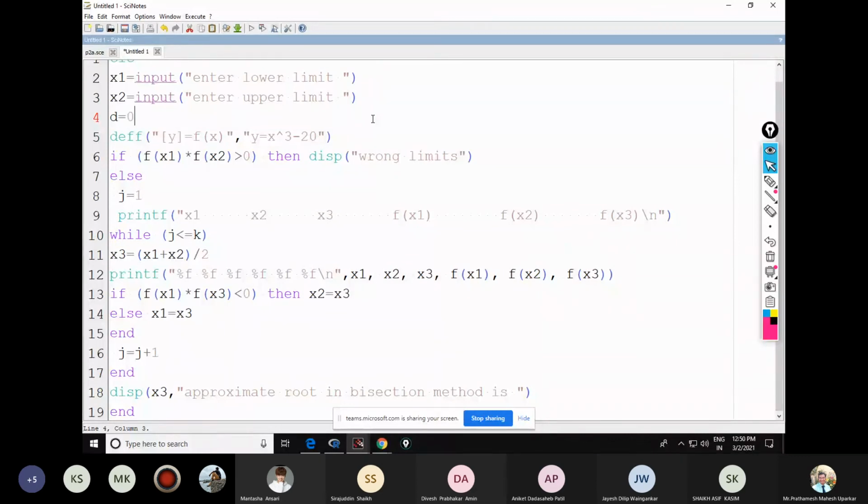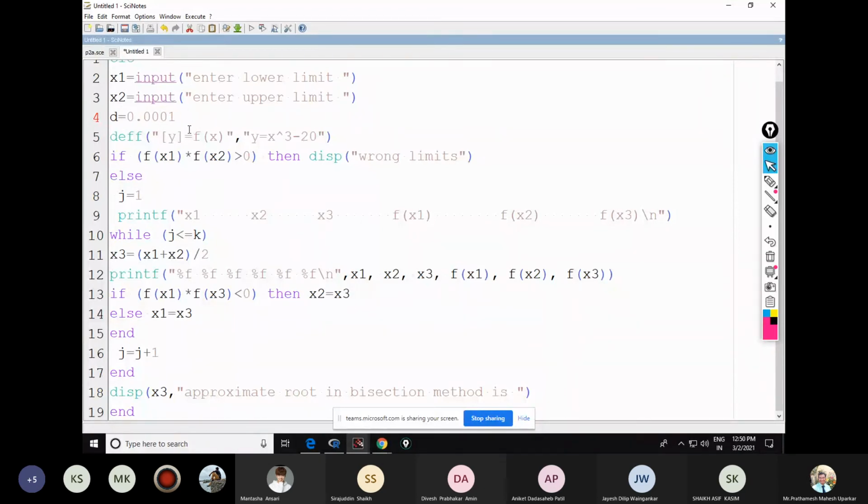So I want the difference should not be more than 0.0001. That means the answer is matching up to 4 decimal places. So whenever the difference between my answer and the previous answer is matching up to d is equal to 0.0001, I will stop the iteration.